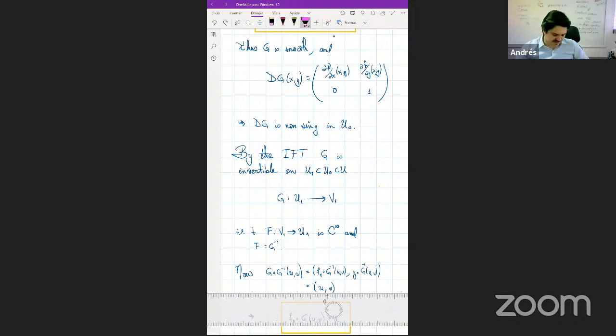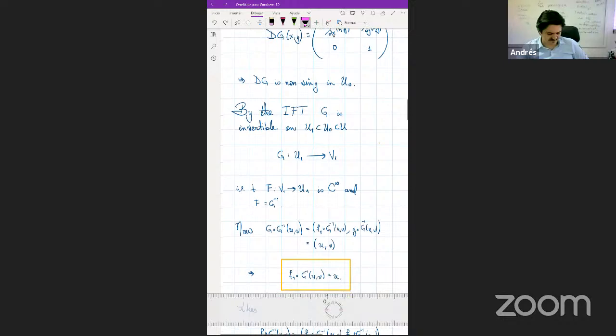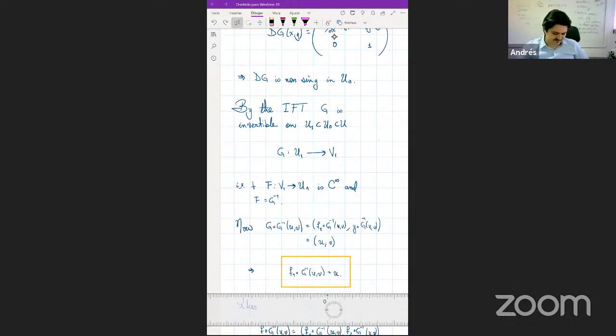Thus, I'm going to keep only this part. That equality here, that's the important feature that we want. So I have this relation that comes from this. And that relation is the one that I would like to keep.